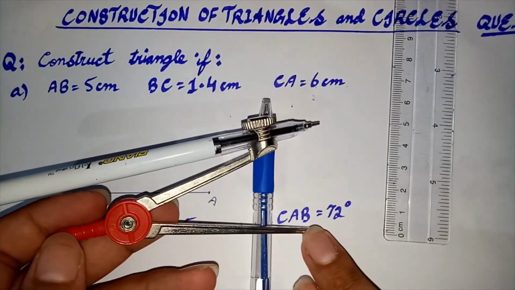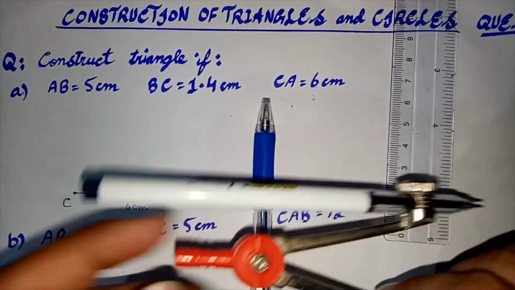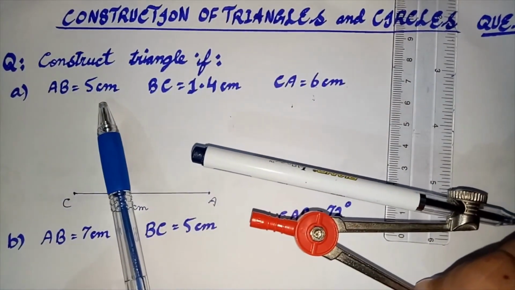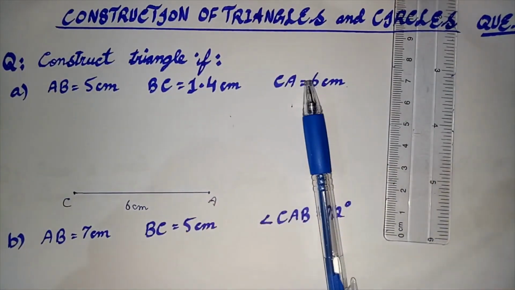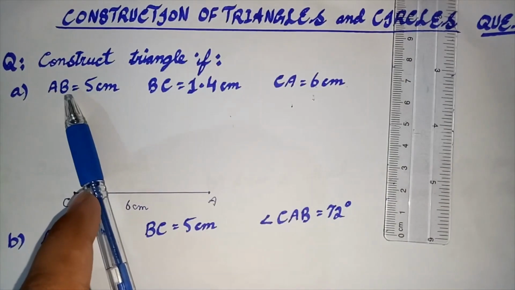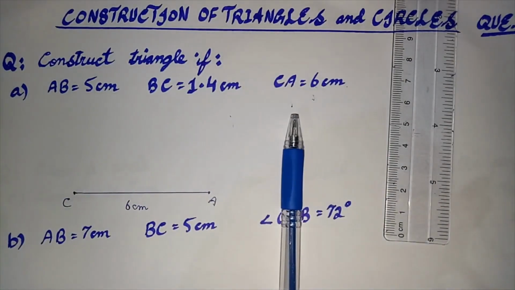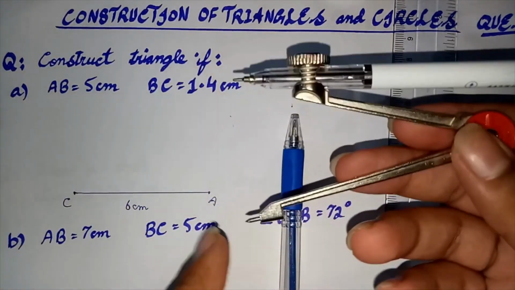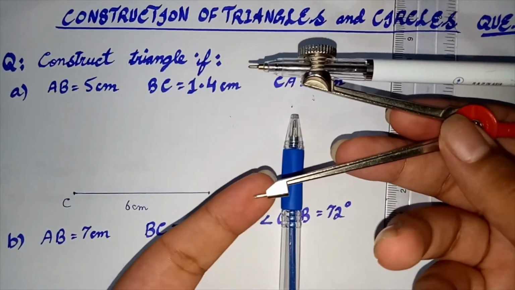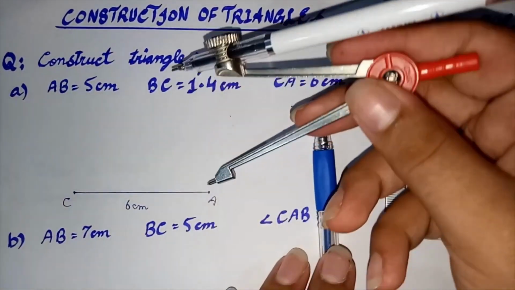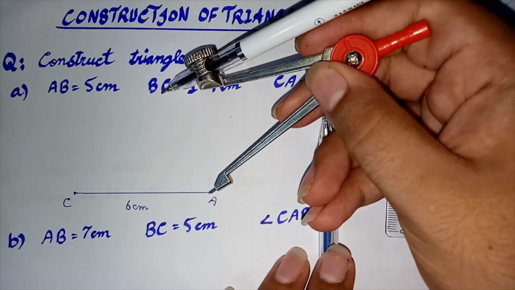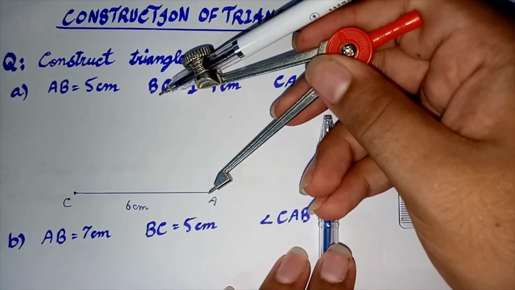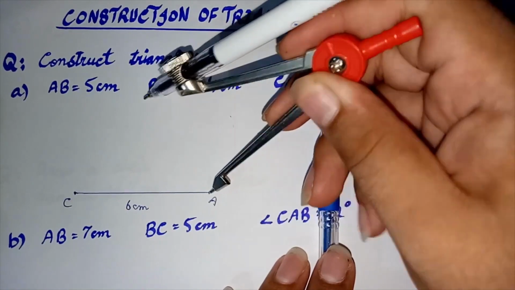We have to open it first according to the length given to us. Here we have AB, so we will put this side of the pair of compasses on this point A, just like this.